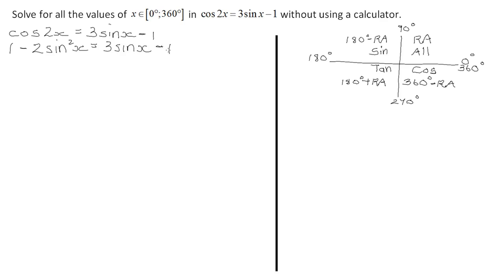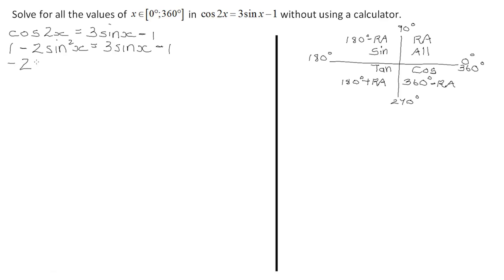Lovely. Now, I can just rearrange everything. You can see sine squared and sine. Obviously, that brings me to the point of, in order to solve x here, I need to get, first of all, a quadratic trigonometric equation in terms of sine.